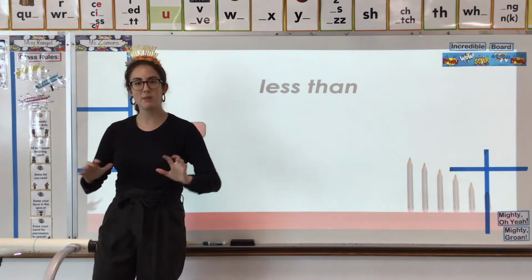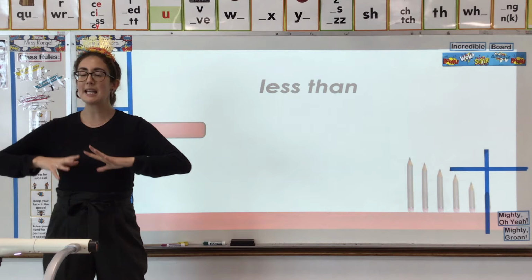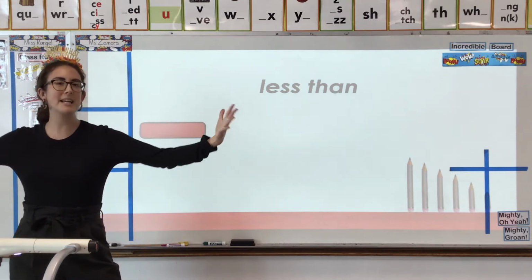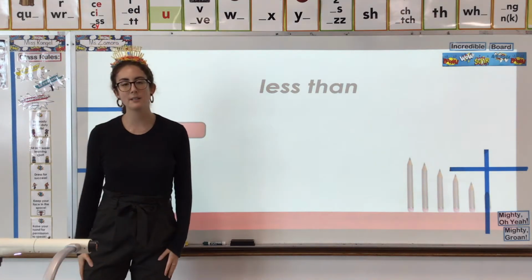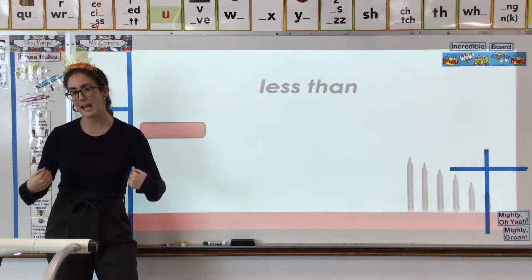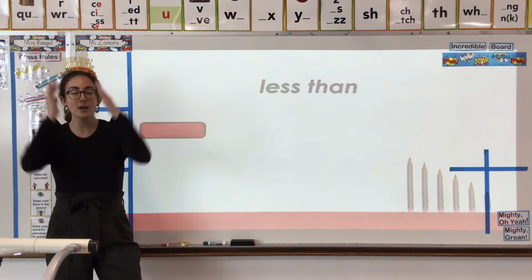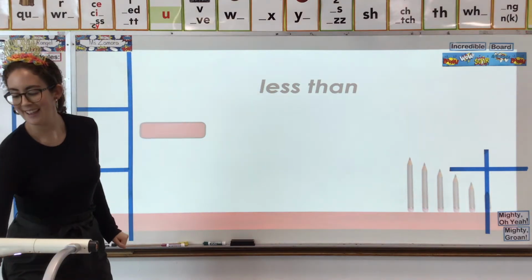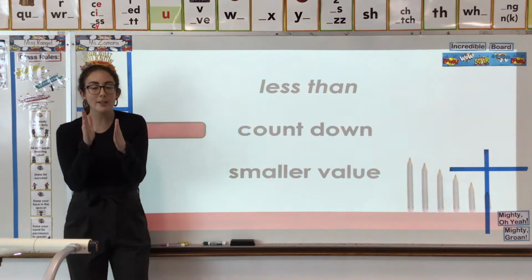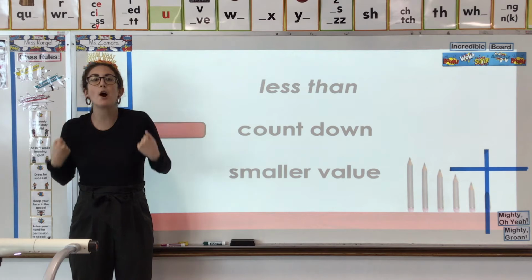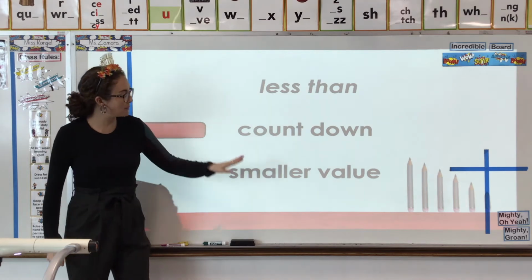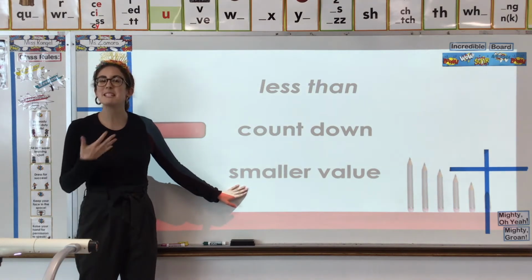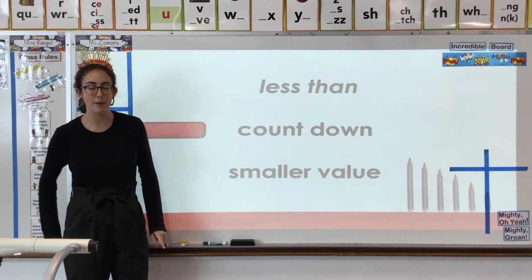And does that mean once we count down, are we going to get a smaller or a bigger value because of that? When we're finding less than, will our number get smaller or bigger? Our number will get smaller, of course, because we're taking away value, counting down, so we'll end up with a smaller value, a smaller number.